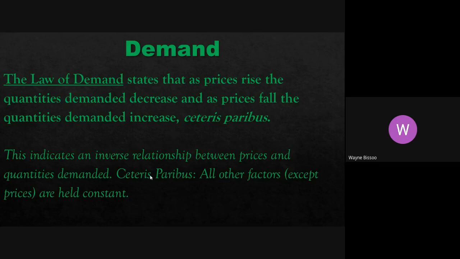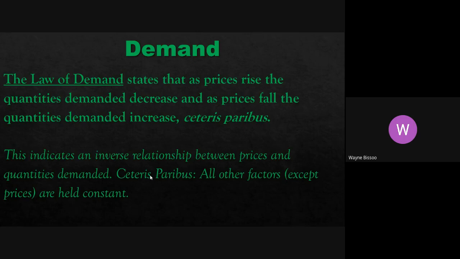Now, the term ceteris paribus, which is there in italics, means that the only thing we're changing at this point in time is price. Everything else is held constant. So for those of you who went through that section on scientific methodology, and we're proceeding by science, this is one of the conditionalities that we talk about.